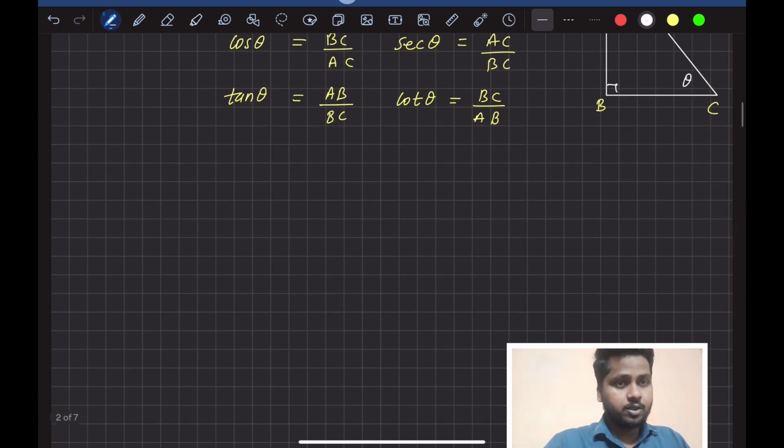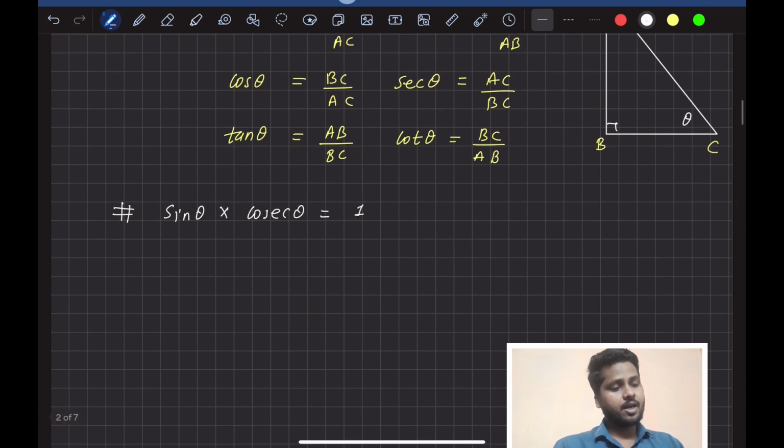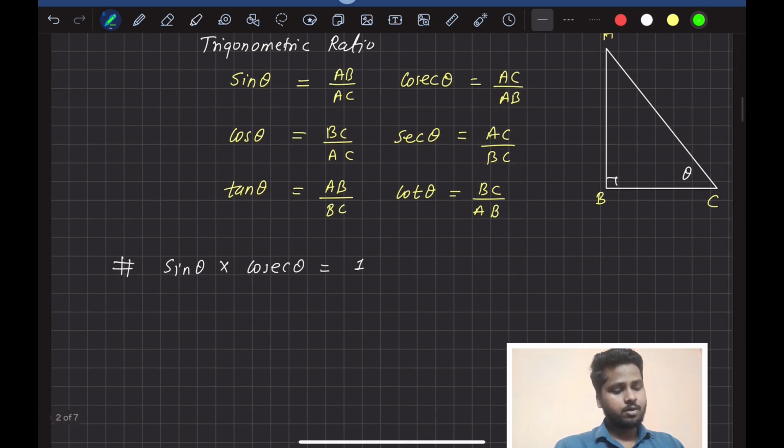If I do sin theta into cosec theta, it is called a reciprocal relation actually, students. So sin theta into cosec theta is equal to 1. Why is it 1? Because sin theta is AB upon AC and cosec theta is AC upon AB. AB cancels with AB, AC with AC, then the value becomes 1.